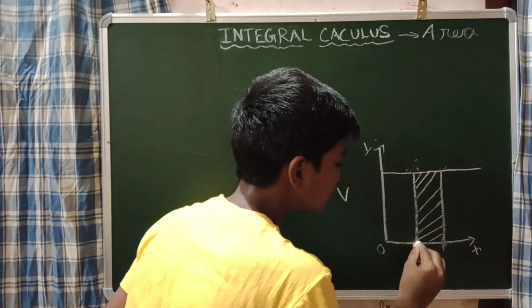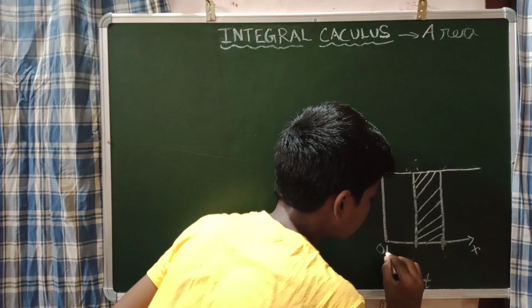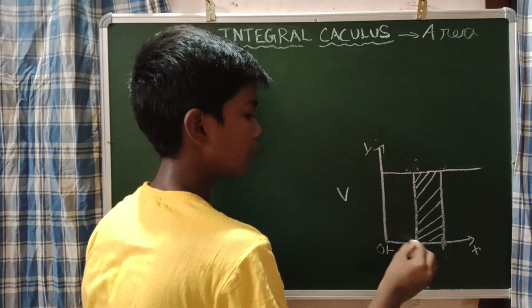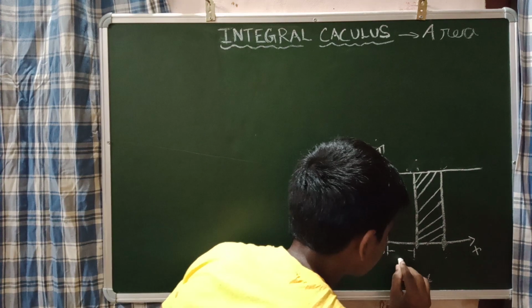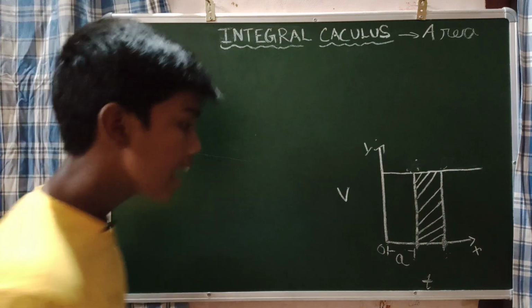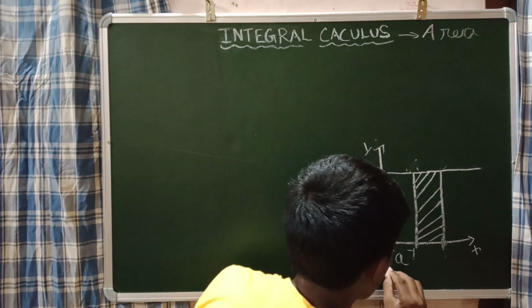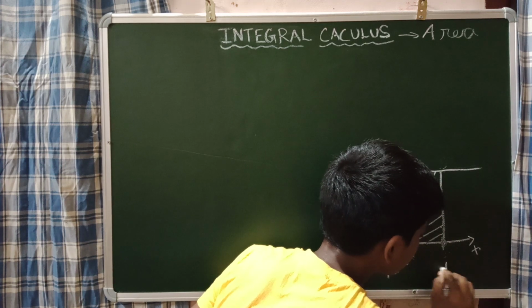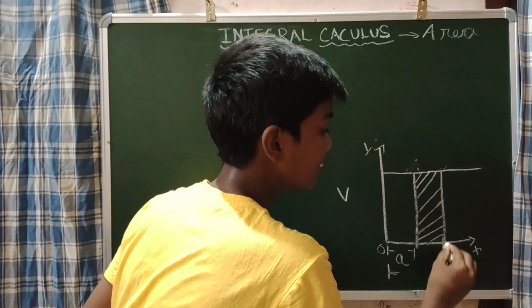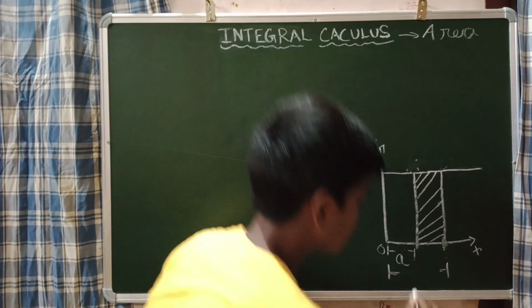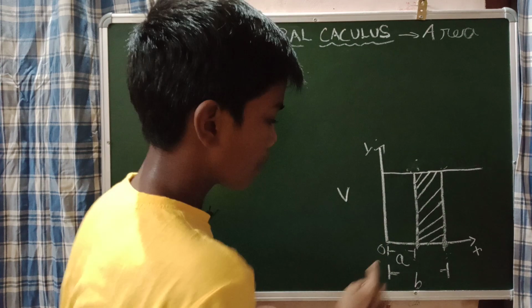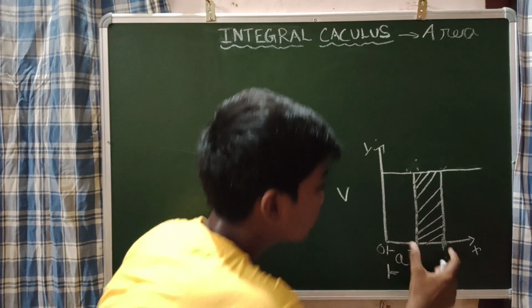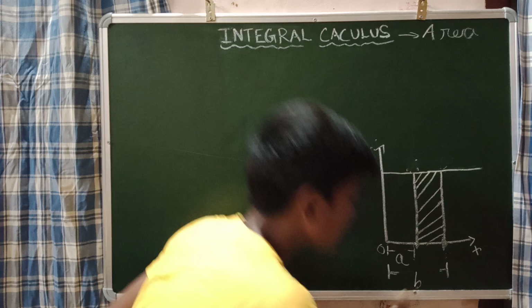From the origin to the starting time, we can take it as A. And from the origin to the second time, let us take it as B. From the origin to the first time interval, it is A, and from the origin to the second time interval, it is B.